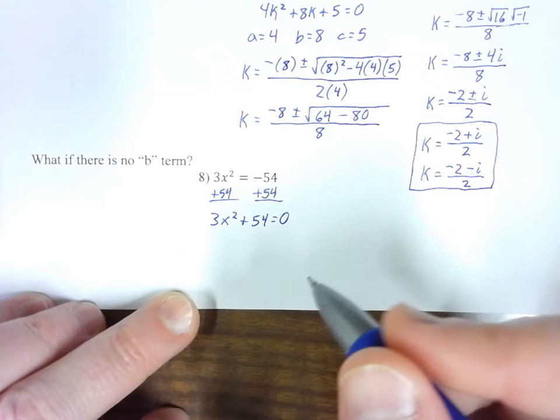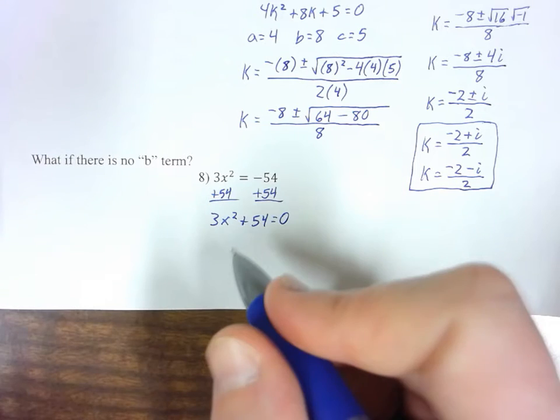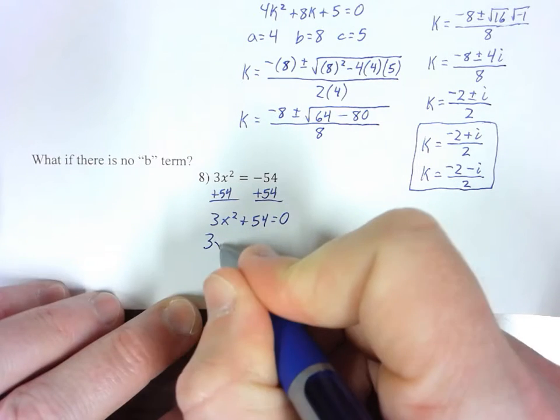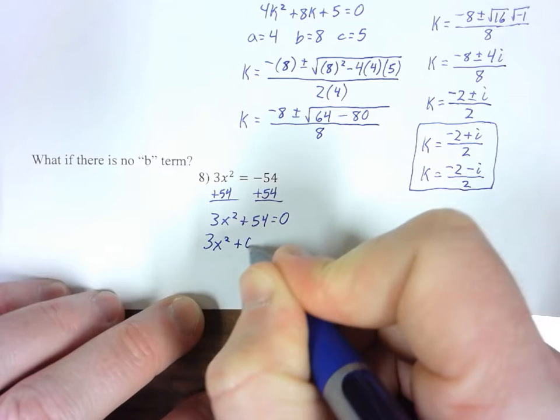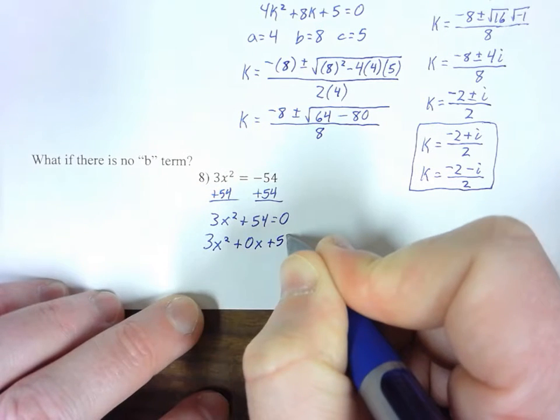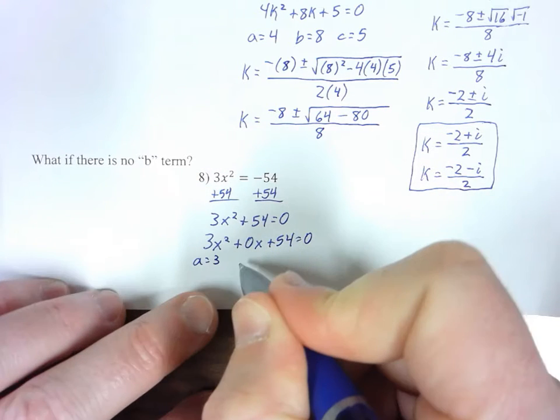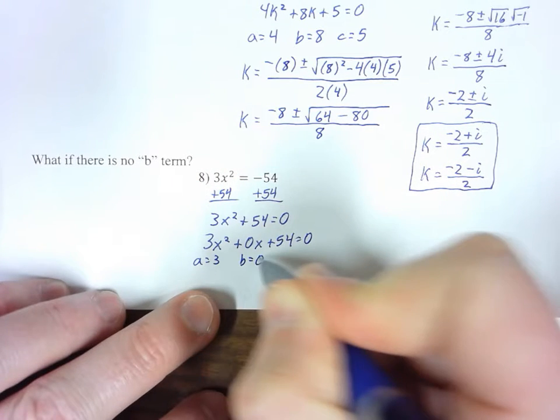So when there's no x term in here, I want 3x squared plus 0x plus 54. So my a is 3, b is 0, c is 54.